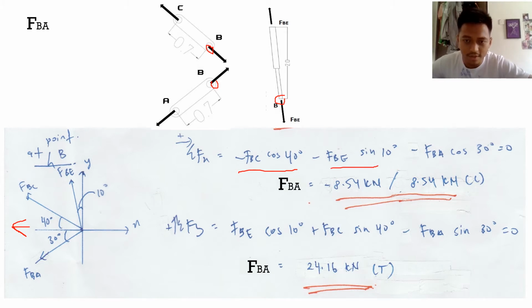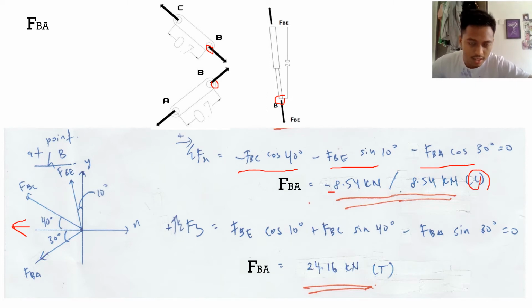Same goes to FBE sin 10 going to the left, and FBA cos 30 going to the left also. Then equal to 0, I calculate the answer, I got negative 8.54 kilonewton. And we can understand that if there is negative here, the force is compression.